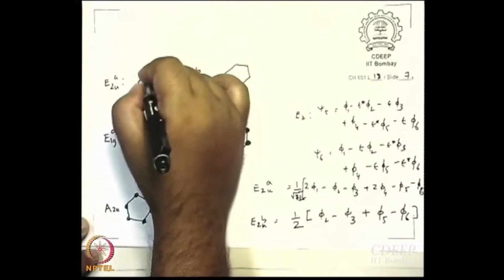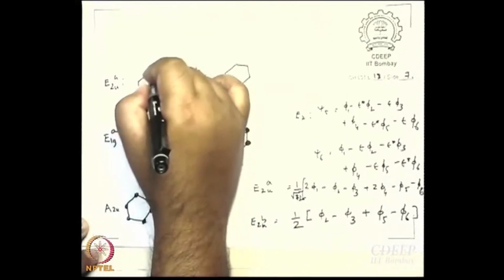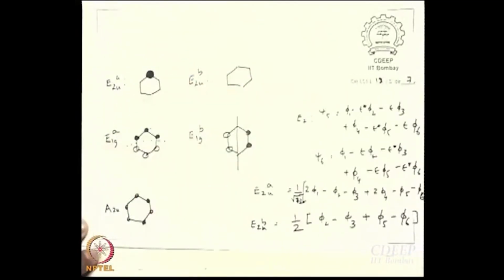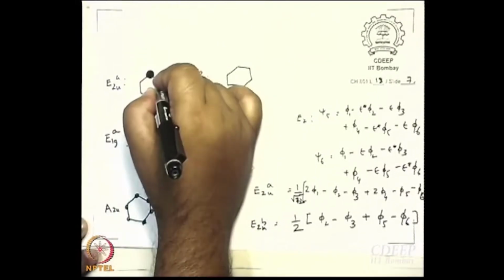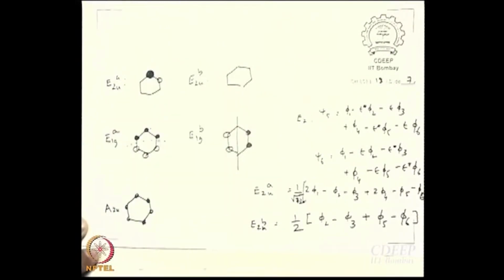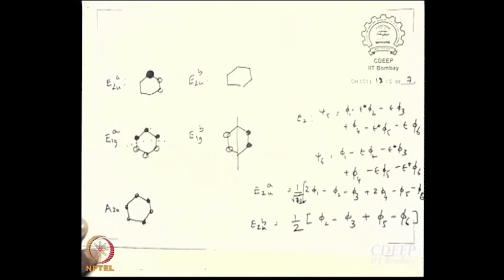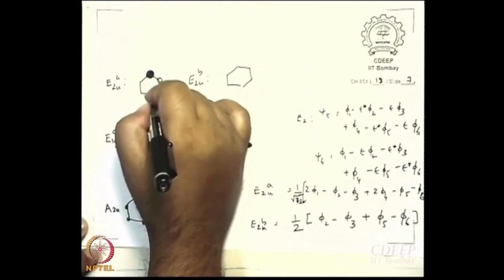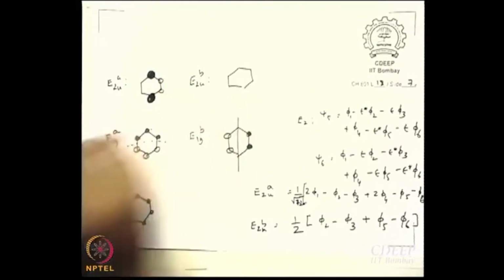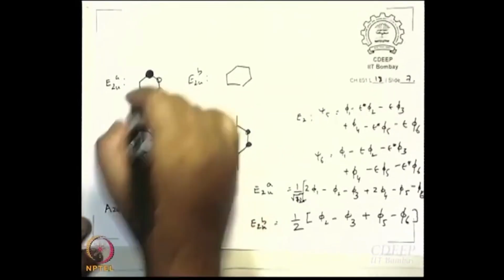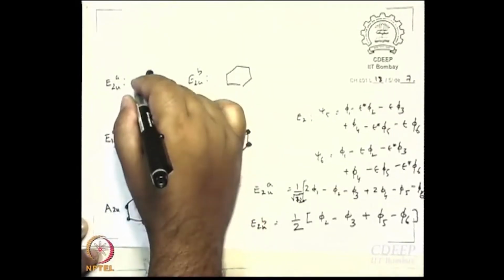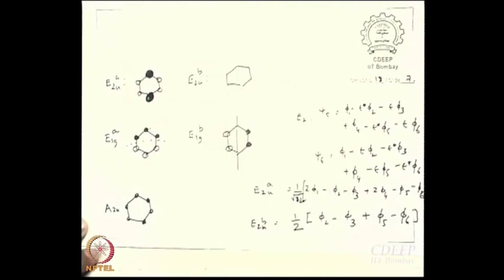So 2 phi 1, big black circle, minus phi 2, small hollow circle, minus phi 3, hollow circle, plus 2 phi 4, minus phi 5, minus phi 6. Let us finish this one also.